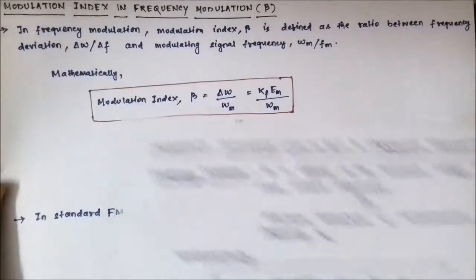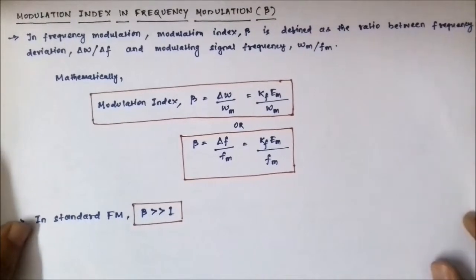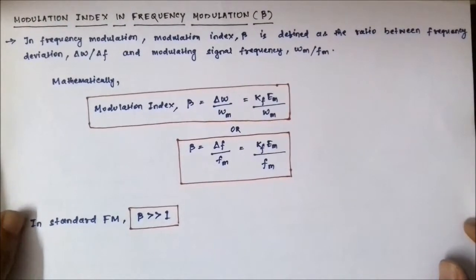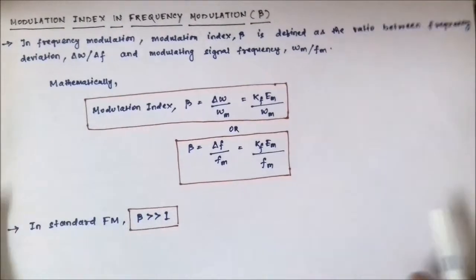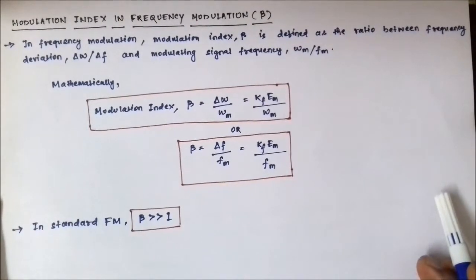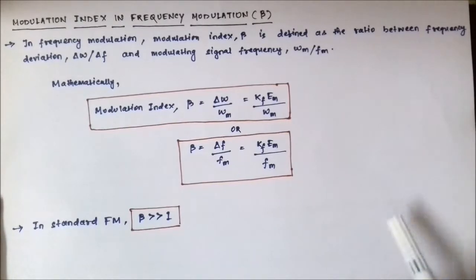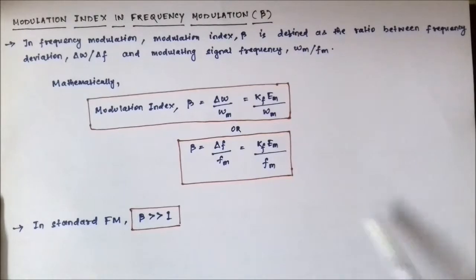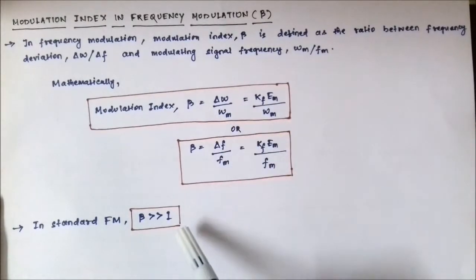Okay, next is modulation index in frequency modulation. In frequency modulation, the modulation index defines the efficiency of modulation and is given by the ratio between the frequency deviation and the modulating signal frequency.